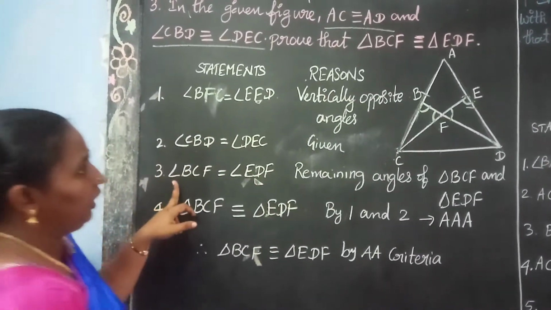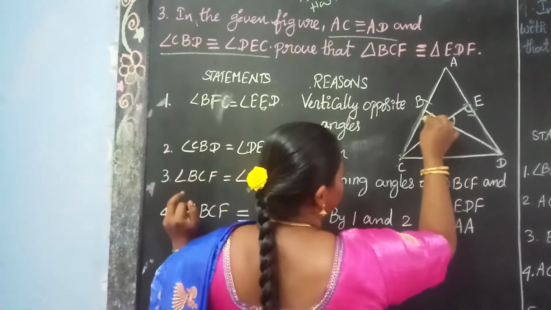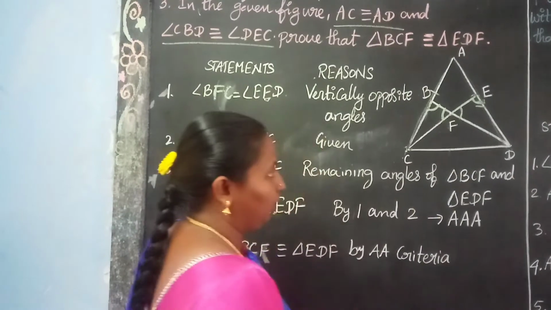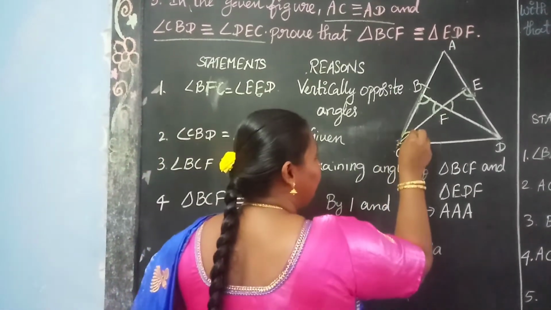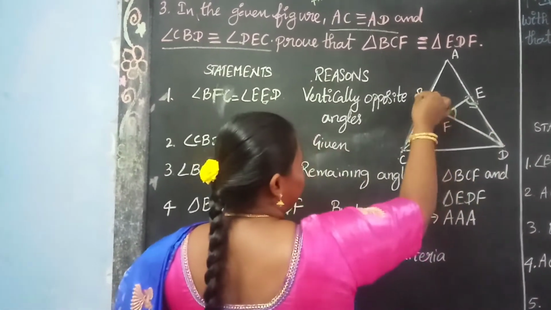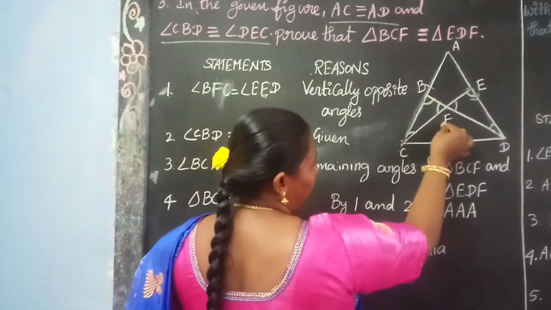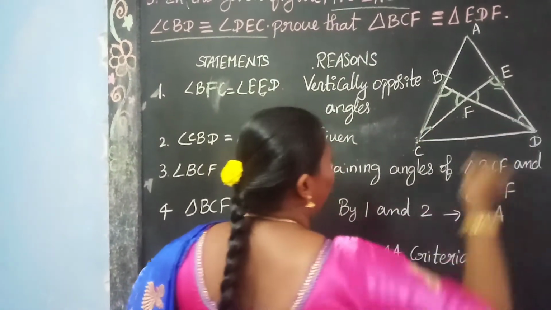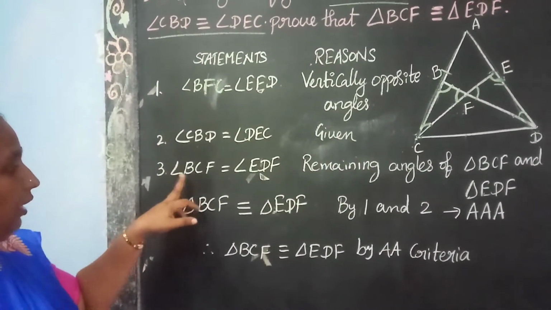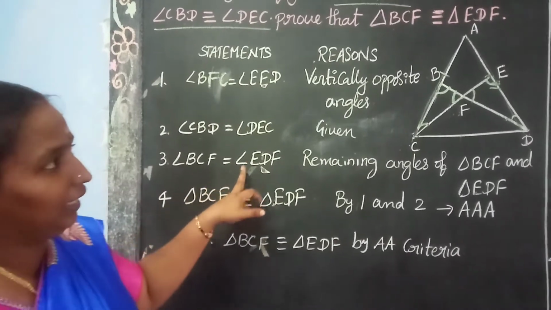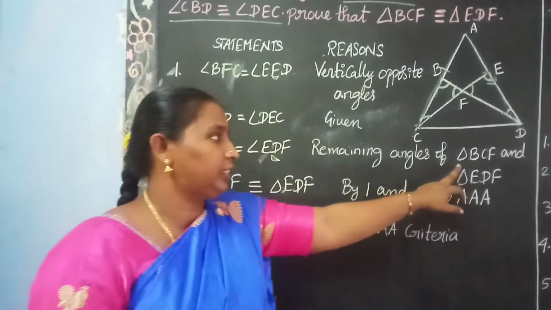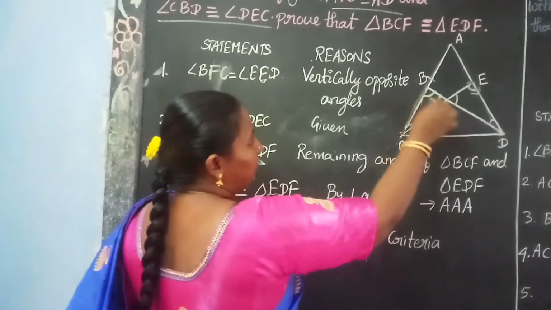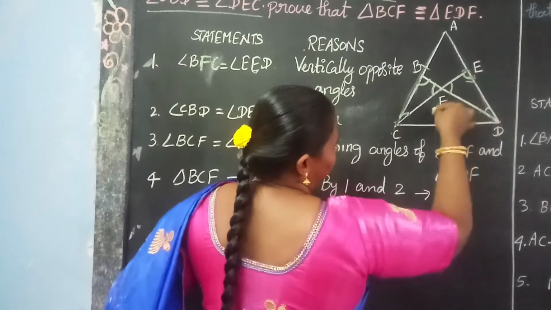Next, here two angles are congruent to the corresponding two angles. B is equal to E and F is also equal. Now automatically the third angle will be equal, that is BCF is equal to EDF. So the third angle is also equal. Consider these two triangles BFC and EFD.